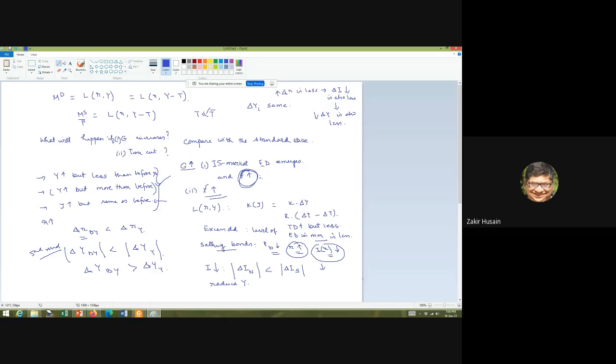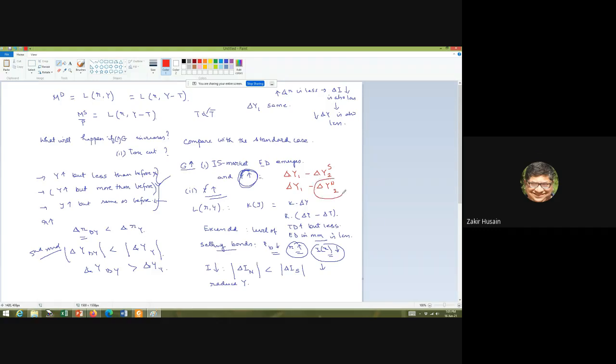So what you have is the first round effect and the second round effect. This is the standard model. This is the new model.